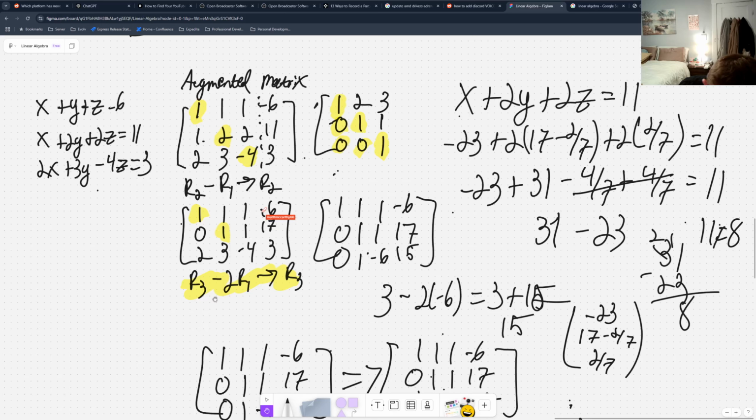2 minus 2 times 1 is 0. 3 minus 2 times 1 is 1.